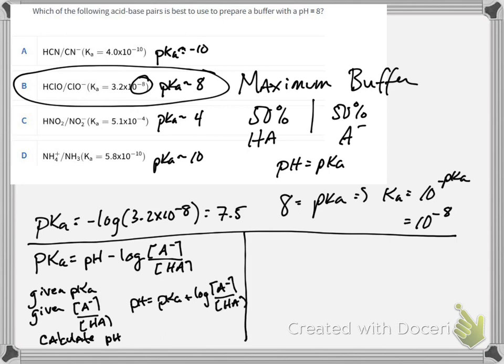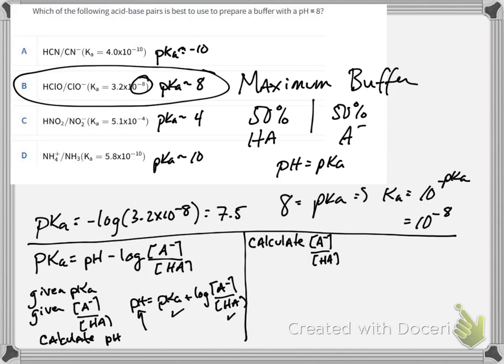So this is the Henderson-Hasselbalch version where you know this, and you want pH. But as we saw in class, this is not always what we're after. Sometimes what you're asked to do is calculate the A minus over HA. Like, what is that ratio?